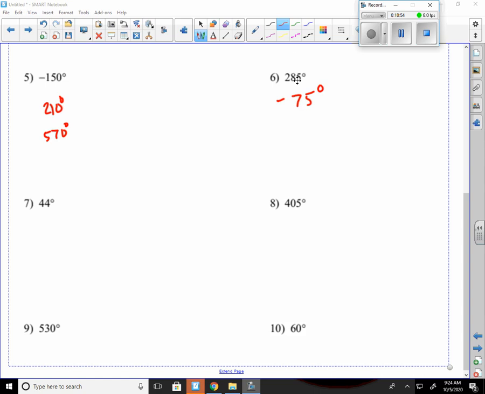I could also do 285 plus 360, and that's going to give me 645. Number 7, 44 degrees. I could do 44 minus 360, gives me negative 316. And then 44 plus 360 gives me 404.